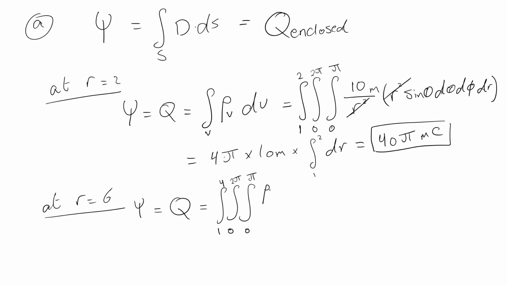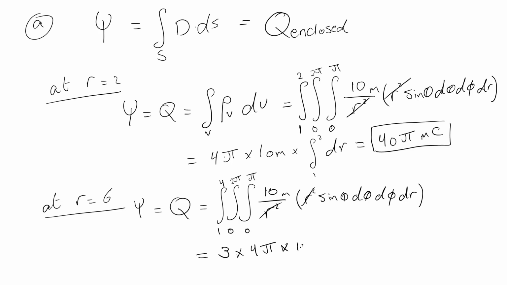Our rho is 10 over r square milli multiplied by r square sine theta d theta d phi dr. R square will be cancelled with r square, and this integration will equal to 3 multiplied by 4 pi multiplied by 10 milli, which is equal to 120 pi millicoulomb.